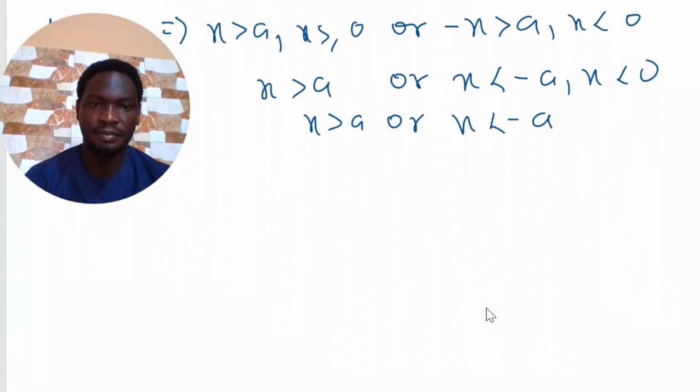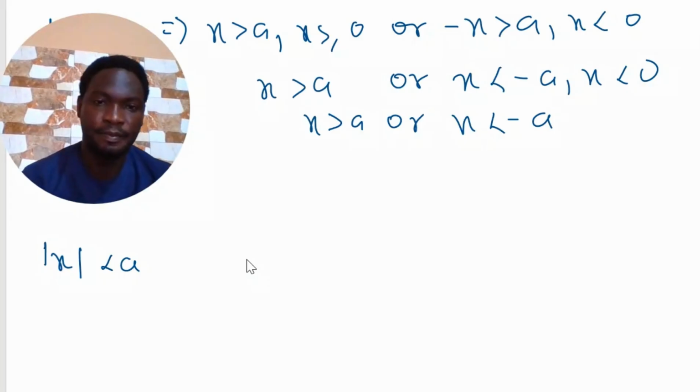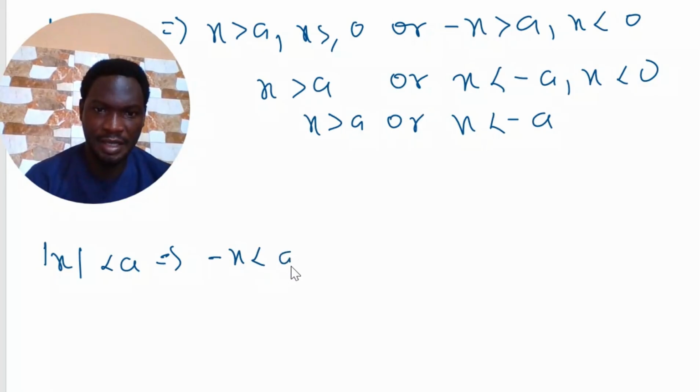Next, if absolute value of x is less than a, then it's either x is less than a or minus x is less than a. So minus x less than a or x less than a.